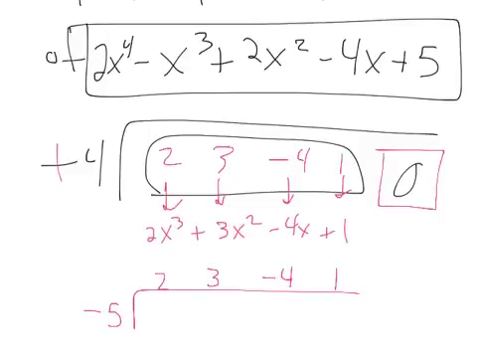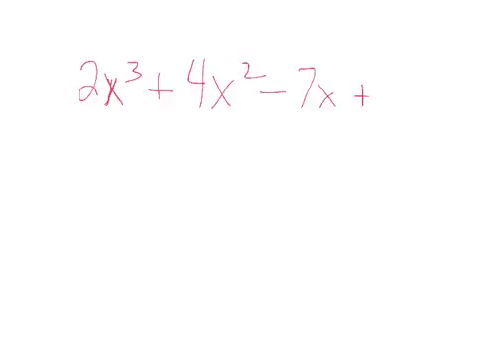Now, 8.7 was talking about the list of possible roots, always from looking at P's and Q's. So let's pick a random function: 2x to the third plus 4x squared minus 7x plus 12. What gave us P, what gave us Q in this setup?